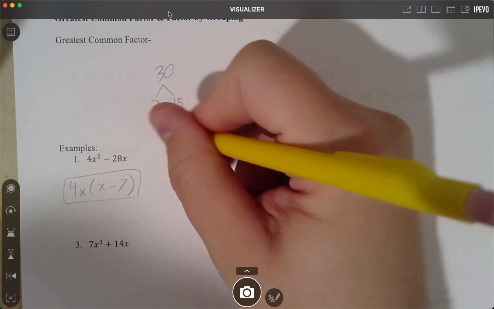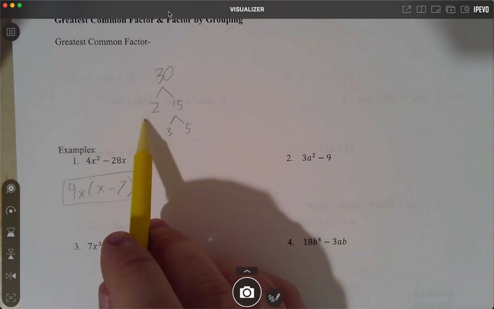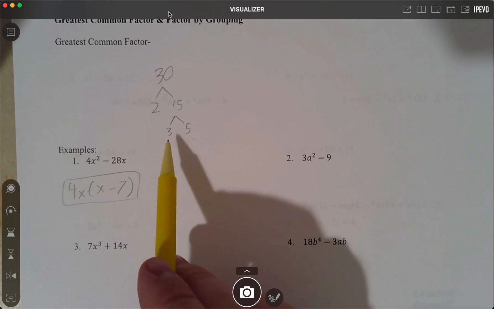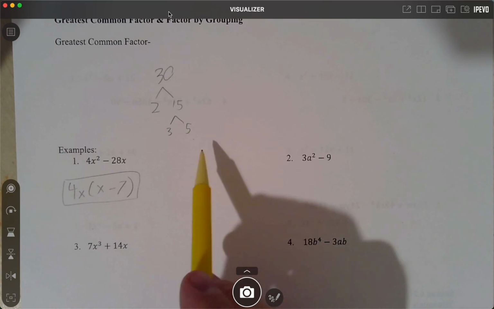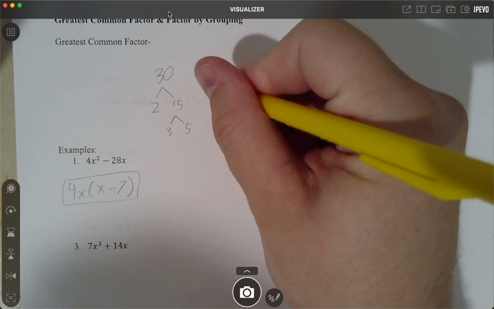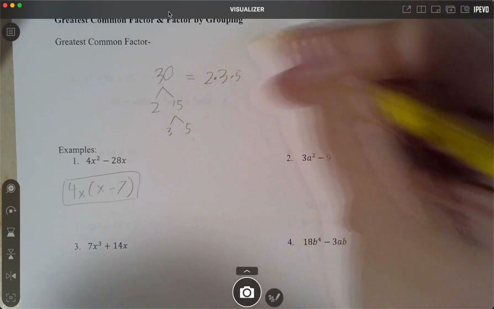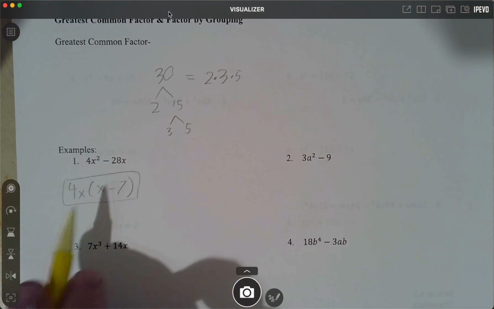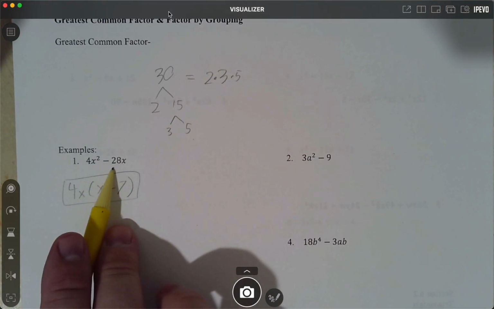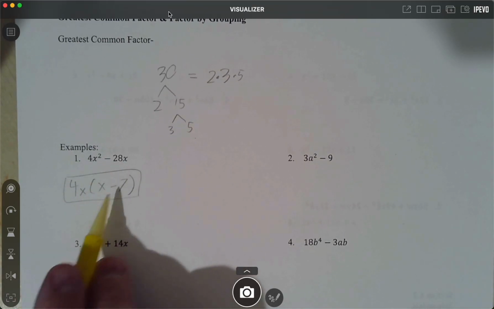Each of those numbers, if you've learned some fancy words, are prime. So 2 can only break down to 1 and 2, 3 can only break down to 1 and 3, and 5 can only break down to 1 and 5. So 30 is essentially composed of a 2 times a 3 times a 5 as prime factors. That's what we're doing with this ugly algebra: asking what the smallest components are that I can break this up into.